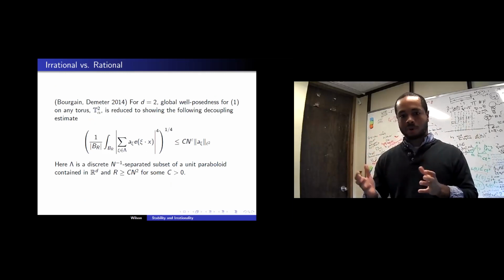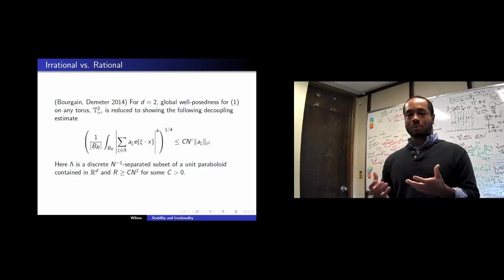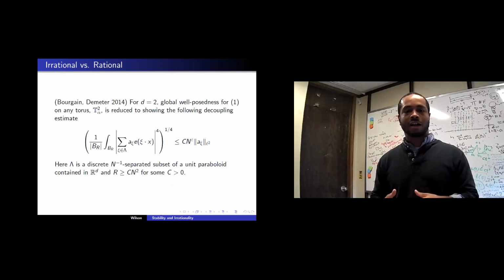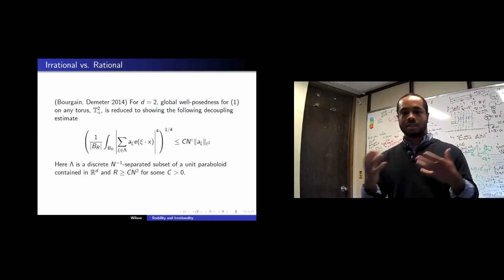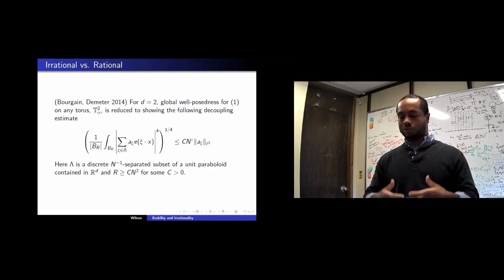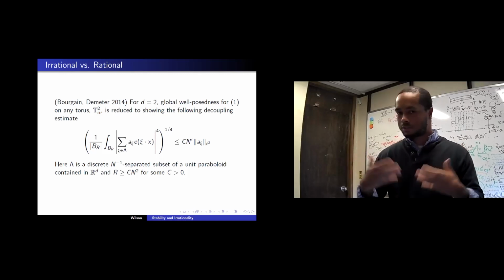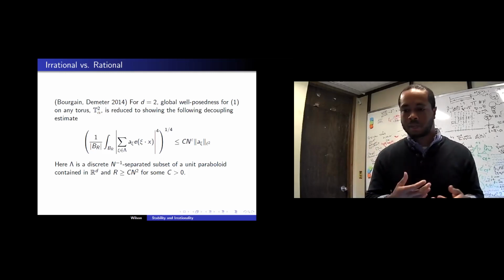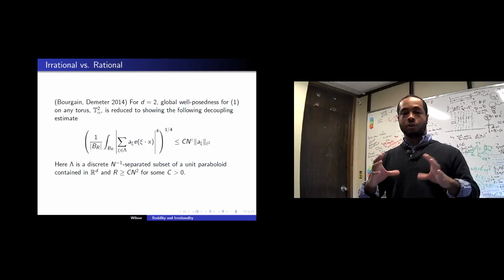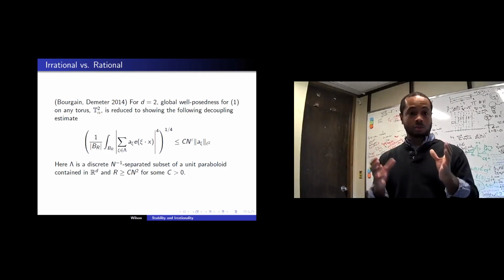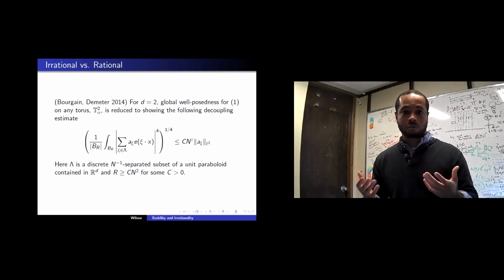They're not so important. Again, I promise that I'll be a little bit more colloquial here. The estimates are there just for precision's sake, but essentially what this amounts to is that you can show more things than the application to the nonlinear Schrodinger equation. But in particular, for the nonlinear Schrodinger equation, you can show that for any scaled torus, you have global well-posedness.